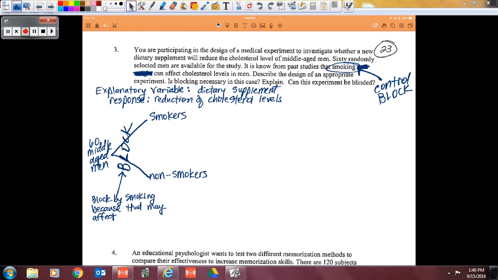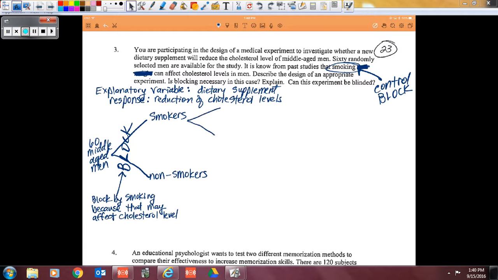That's too generic. Good. That may affect cholesterol level. I see you have a trait there that may affect cholesterol level. Okay? All right. Now, what am I going to do within each block? Good. Each block is going to have its own what going on? Experiment. Yep. So let's go do a smoker's experiment.